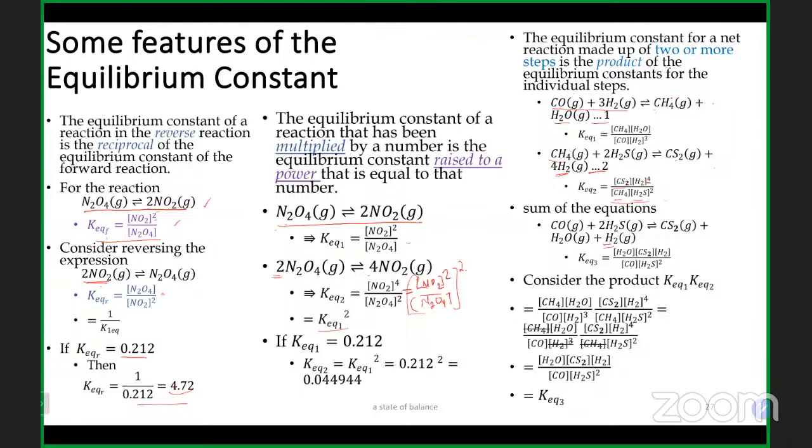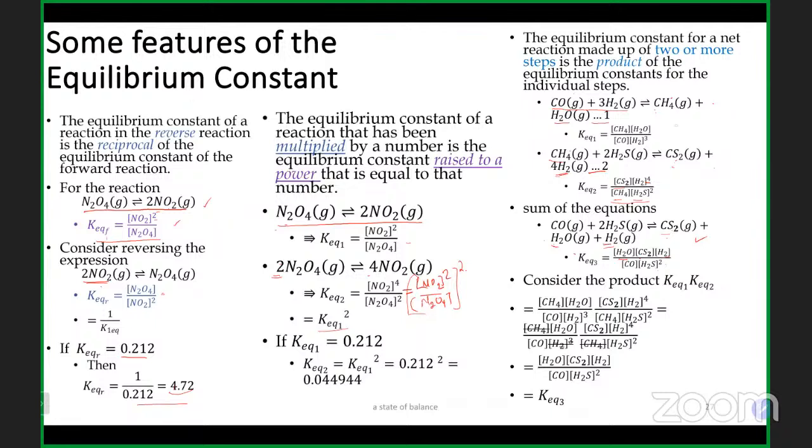Plus H2O, H2O is still there, plus CS2. Is the equation balanced? 1, 2, 3, 4, 1, 2, 3, 4, 1, 2, 3, 4. 2S, 2S. C is 1, okay, so the equation is balanced. The equilibrium constant expression for this reaction is CS2 times H2O times H2 divided by CO times H2S raised to power 2.